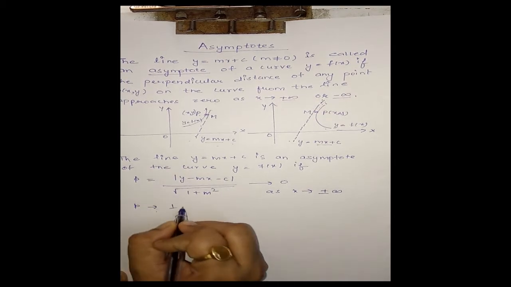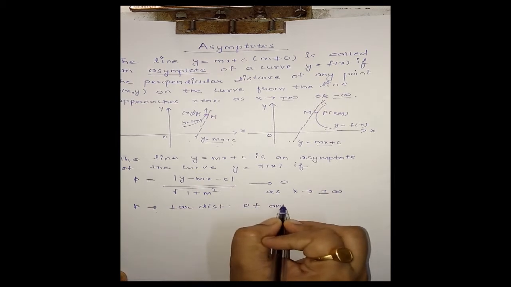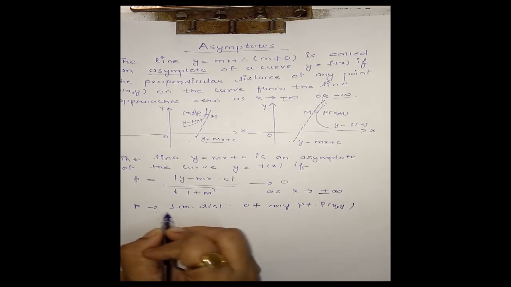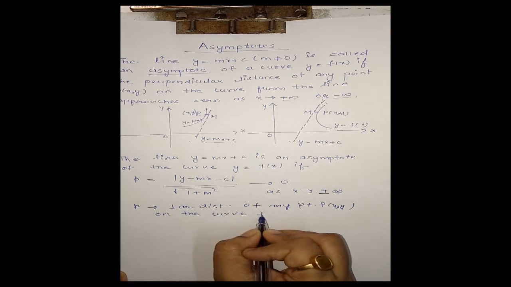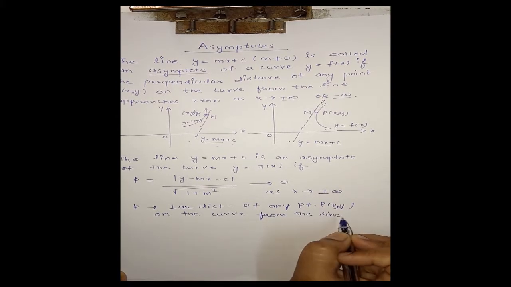P is the perpendicular distance of any point P(x, y) on the curve from the line. This is the formula for the perpendicular distance.